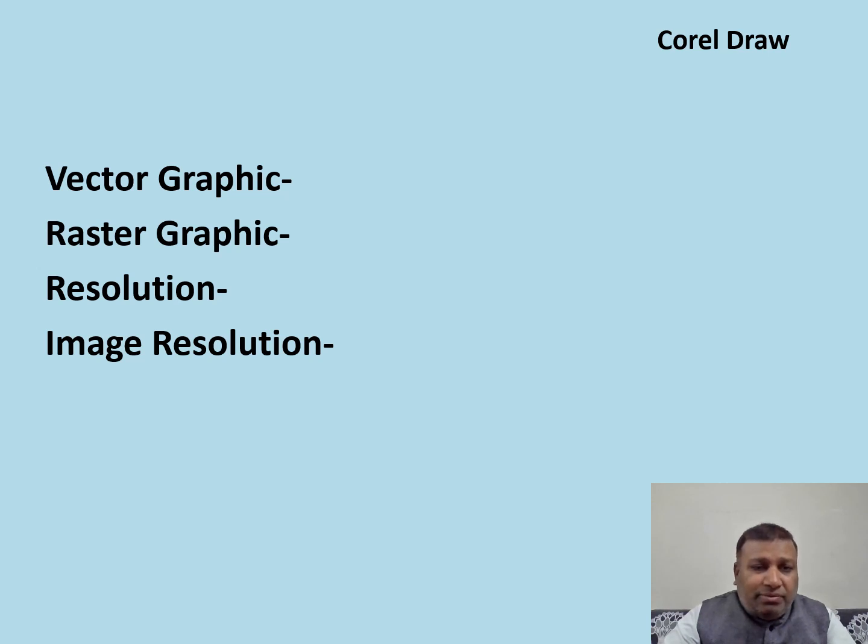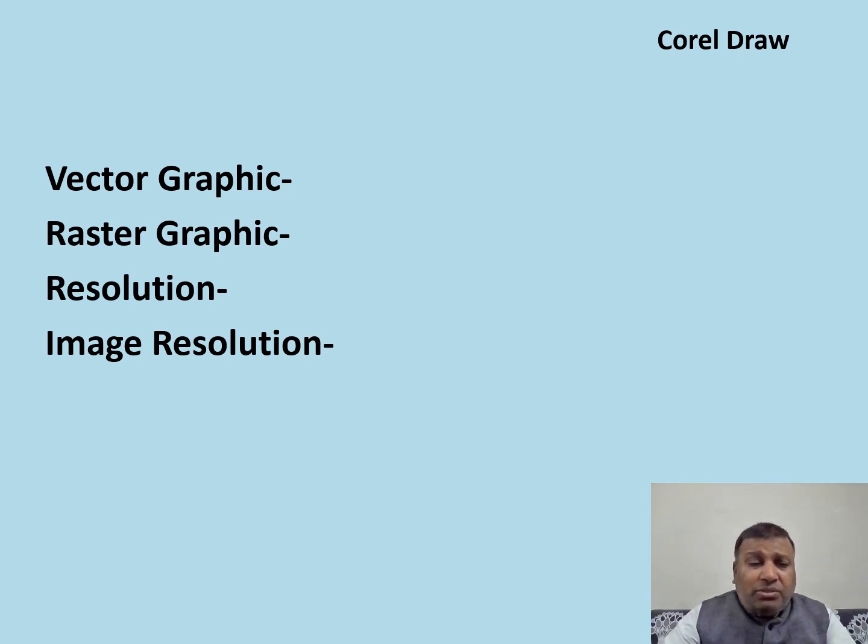In vector, generally we get different file formats like AI, CDR, EPS, SVG. These are the vector file formats. Raster graphics are totally pixel based, and we cannot zoom our content beyond a certain level.